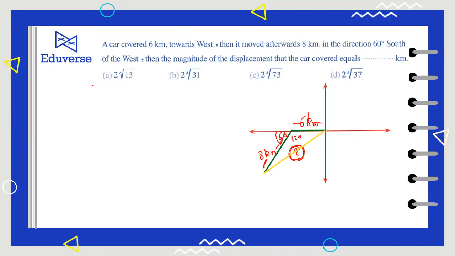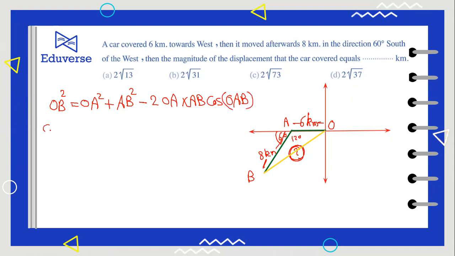We took it in the previous term, in the first term. Cosine rule: if I name it O, A, B, I want to find the length of OB. The cosine rule says OB square equals OA square plus AB square minus 2 OA multiplied by AB cosine of angle OAB.